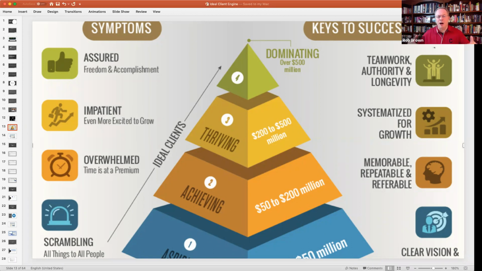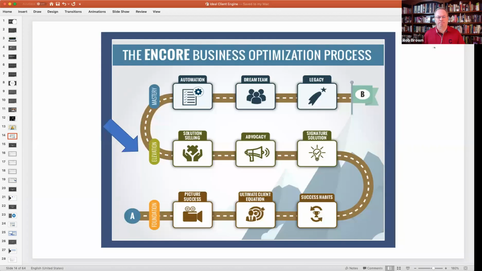And as you move up the AUM scale, as you add ideal clients, this is really the currency that helps your business grow, you go from scrambling and overwhelmed and impatient to assured. That's what we're looking for as we're helping advisors implement the shifts in their businesses.